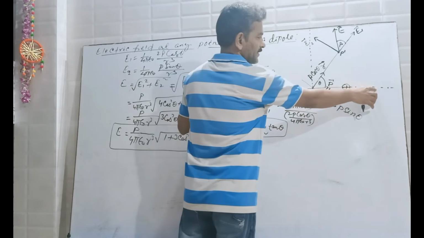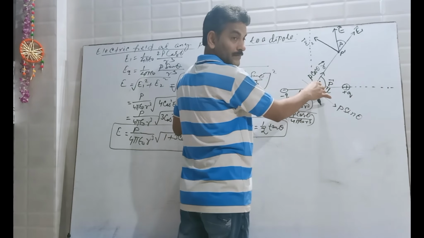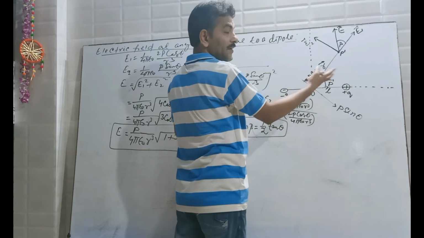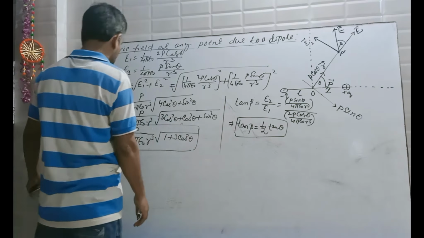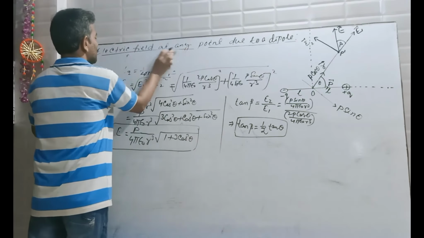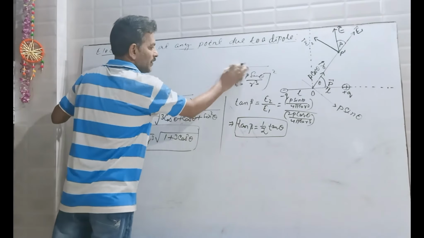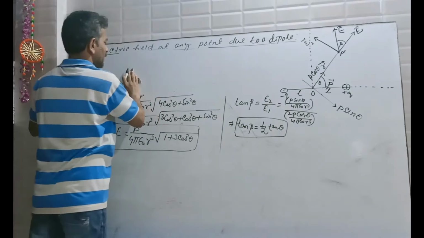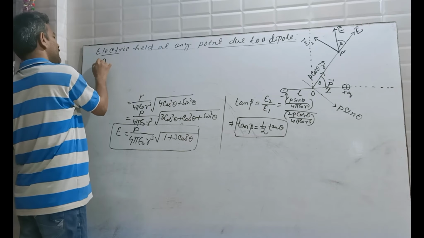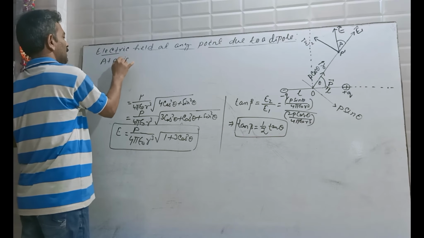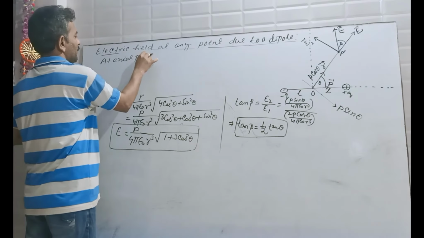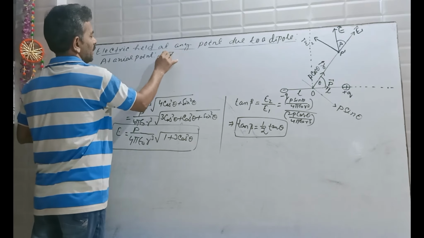So for an axial point theta will be 0, for an equatorial point theta will be 90. So from this expression we can also find the electric field intensity at an axial point as well as an equatorial point. At an axial point theta is equal to 0 degrees.